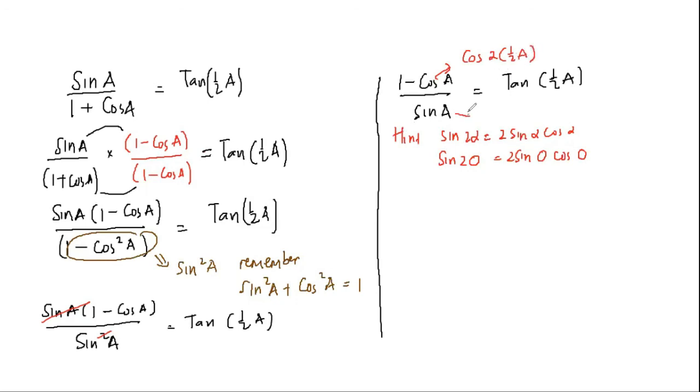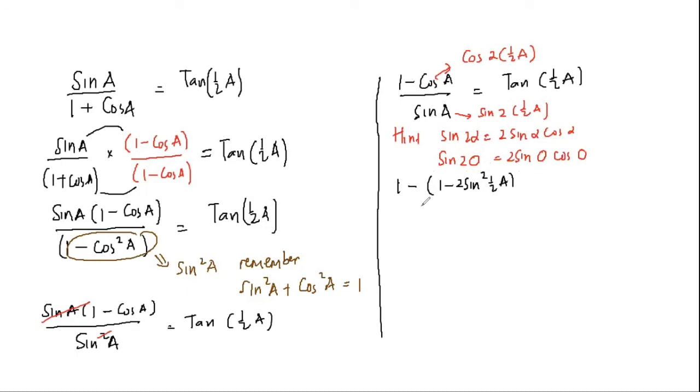And this one, sine 2 times a half A. Let's say a half A is a circle. So it will be 1 minus. Okay, what's the formula for cosine 2A? 1 minus 2 sine square a half A.